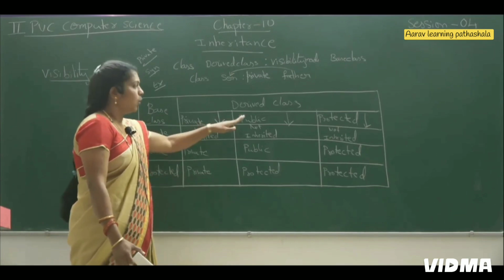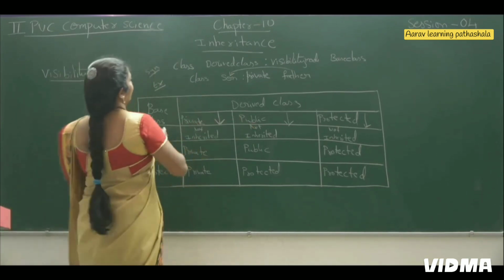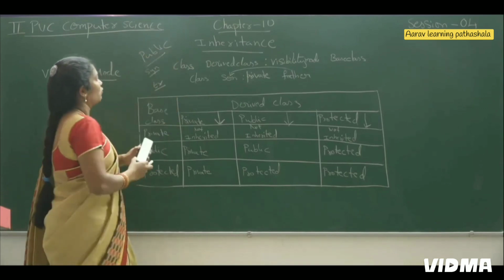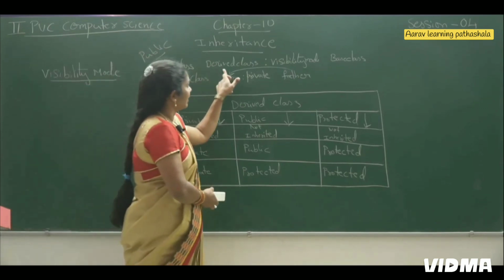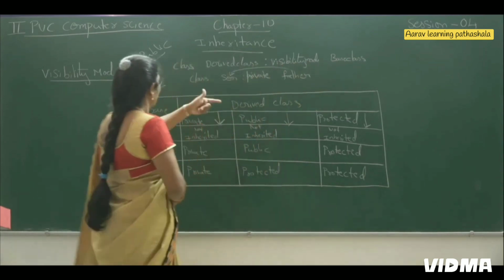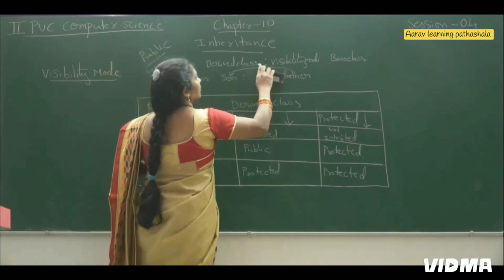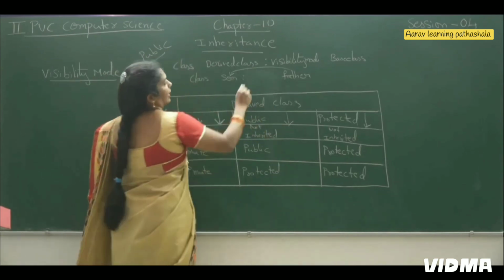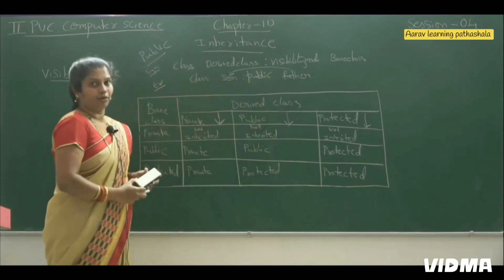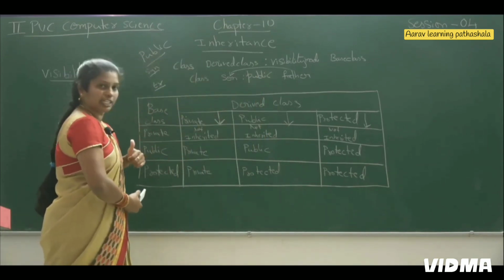Now is it clear? Now while explaining public inheritance, the syntax will be the same: class, derived class, colon, visibility mode, then base class. While explaining the example, class son, here in this place you have to write public, then further. This is the syntax and this is the example. There also, explain three things.